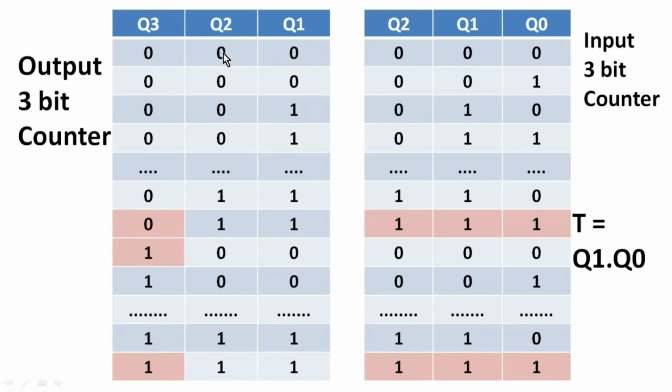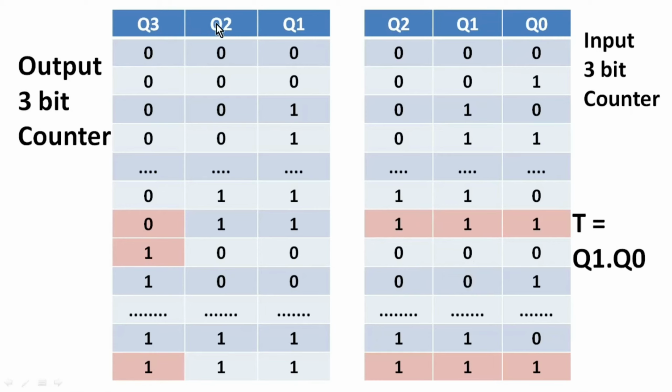And you would be surprised at why I wrote Q2 and Q1 here, because if you look at the MSB bits of the 3-bit input counter, which are Q2 and Q1, the behavior is quite similar. Q2 and Q1 remain 0 for 2 clock cycles, then move to 01, remain there for 2 clock cycles and so on, and finally reach 11 and remain there for 2 clock cycles, then roll back to 00.